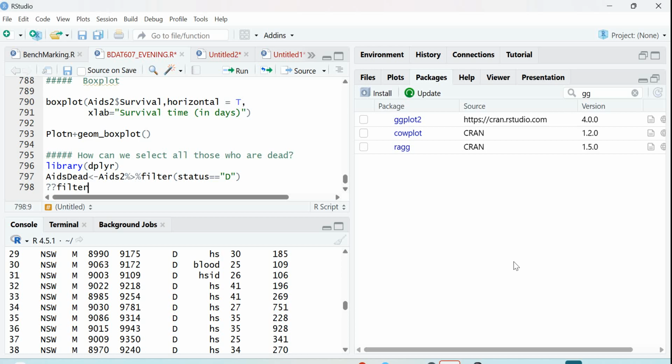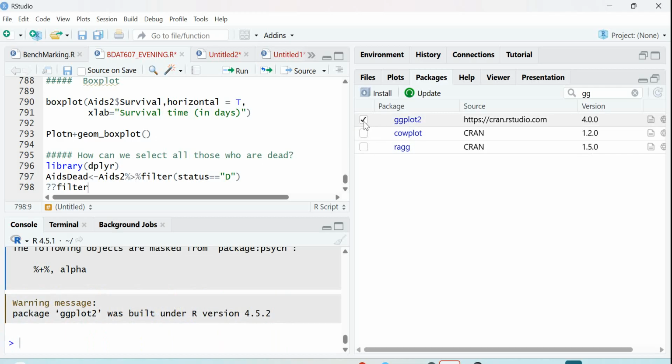So that means, please, when we use the double question mark, it will search through all the packages you have installed, even those you have not loaded. But the single one will only look at those you have ticked. If I have ticked this one, then it will check through it.